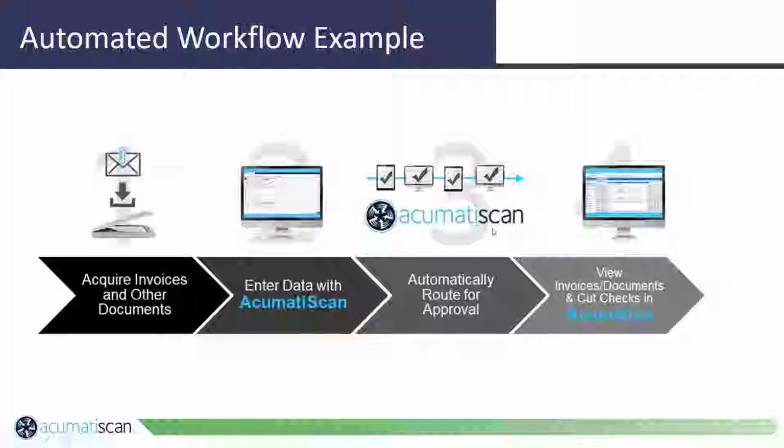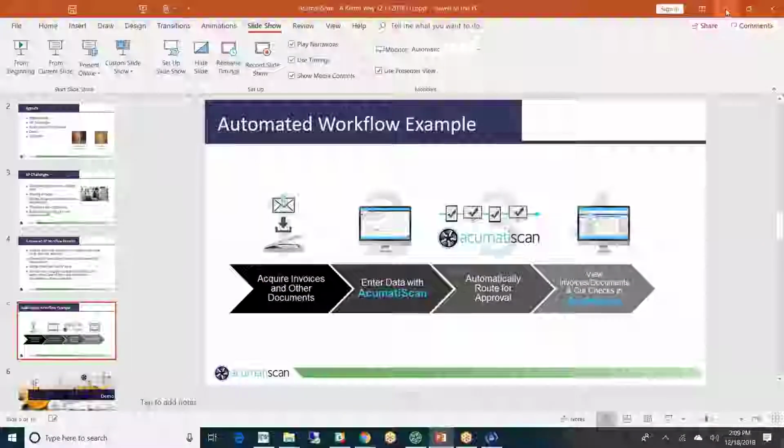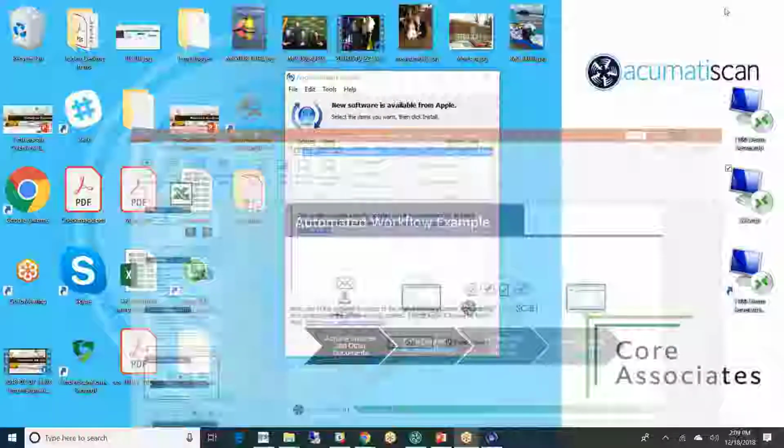Any documents that were associated, the invoice, maybe supporting documents like a purchase order, receiving ticket, what have you, and the check, all of that gets attached and is submitted back to Acumatica so that it's viewable at any given time. Now with that, what I thought I'll do at this point is we're going to stop the presentation and we'll actually go into the product.